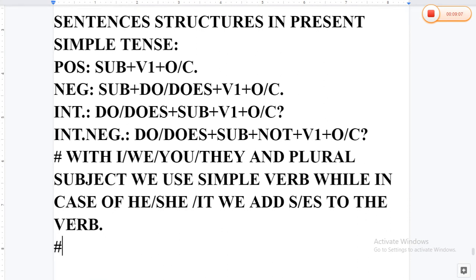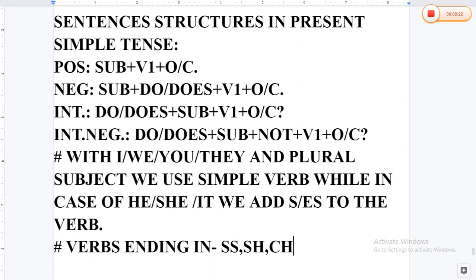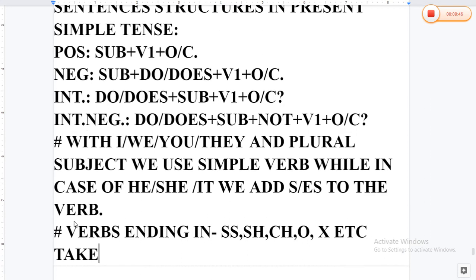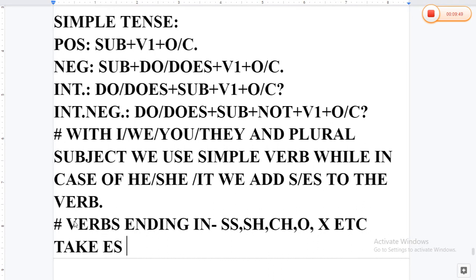Rule 2: verbs ending in ss, sh, ch, o, x, etc. take es to be added.